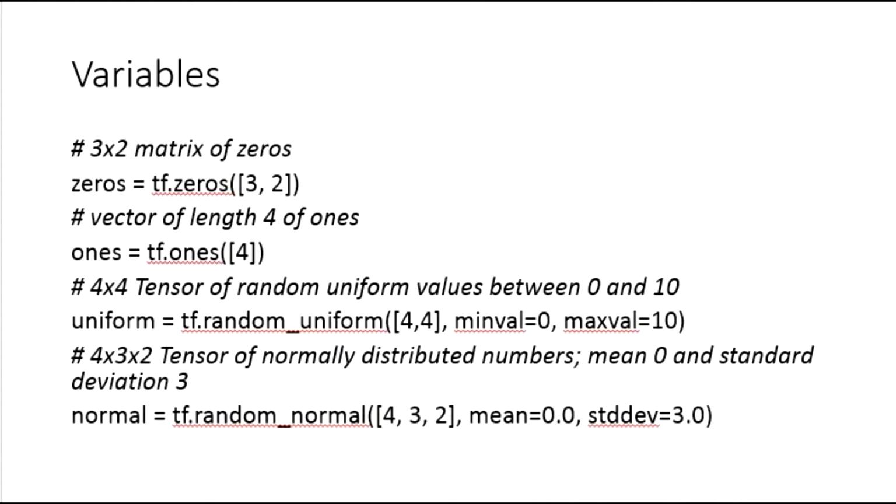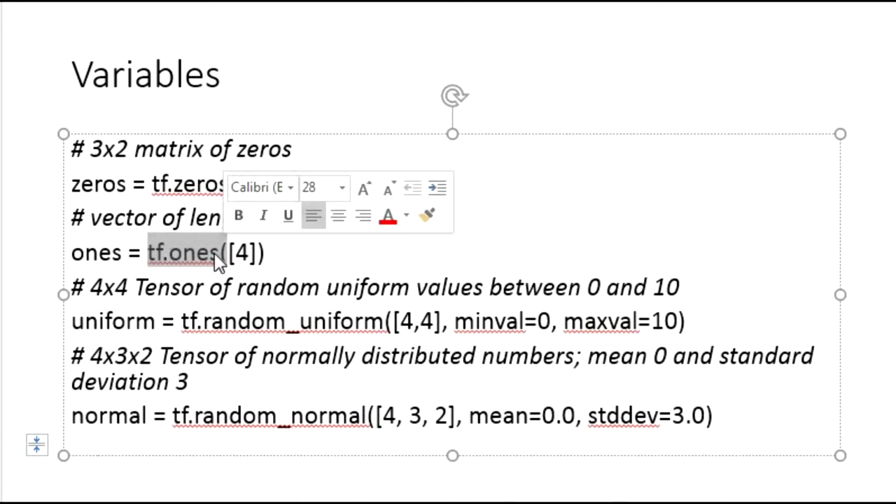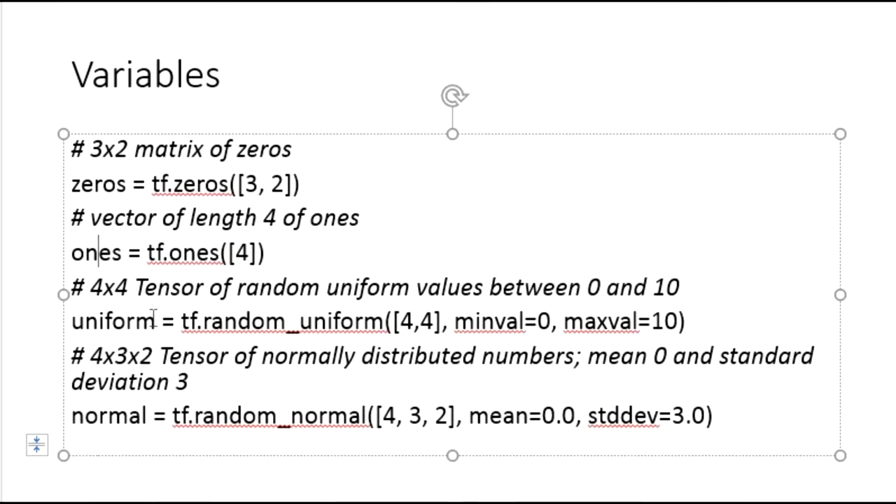So the output of these functions are tensors, and they can be used as initial values for variables. So here's an example over here for zeros. So this is going to be a 3 by 2 matrix of all zeros, and this is going to be a vector of length 4 of all ones.